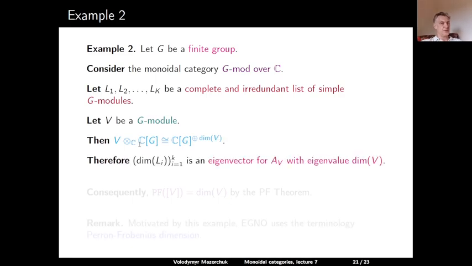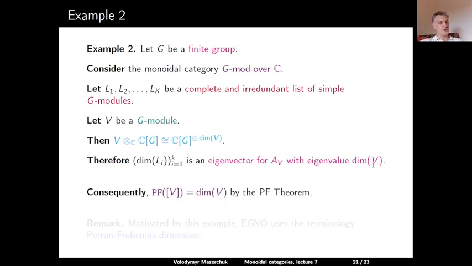The list of multiplicities of simple modules in the regular G module is just the list of the dimensions of the simple G modules. And this formula implies that this vector, which consists of the dimensions of the simple G modules, is an eigenvector for the matrix corresponding to V, and the corresponding eigenvalue is exactly the dimension of V. So this is a positive eigenvector for this matrix, so the corresponding eigenvalue must be the Perron-Frobenius eigenvalue.